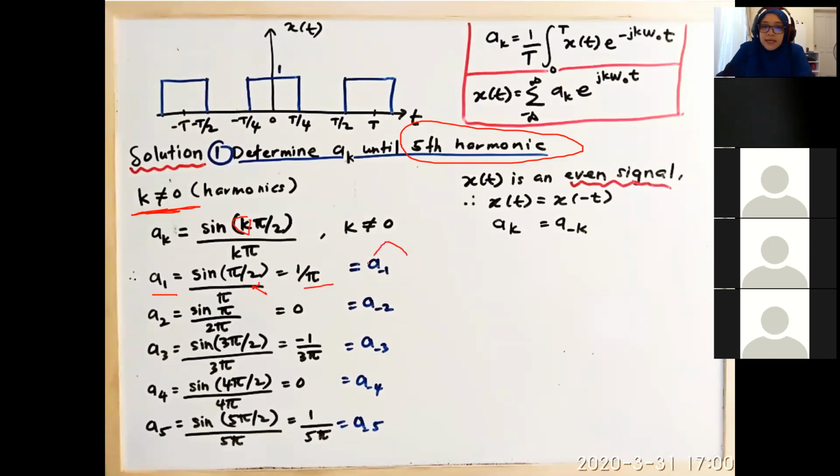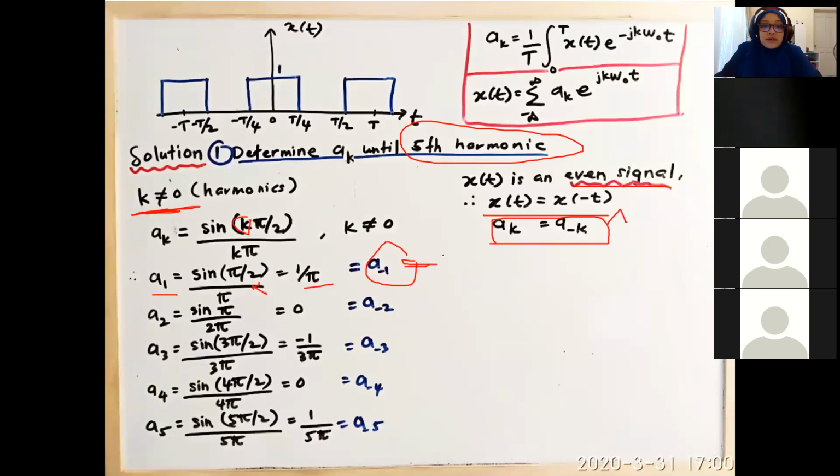For a_minus 1, assuming you didn't memorize that for an even signal x(t) equals x(minus t), so you actually get the same value. Assuming you didn't remember this, just calculate as normal.